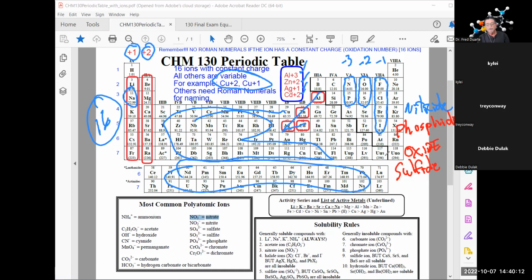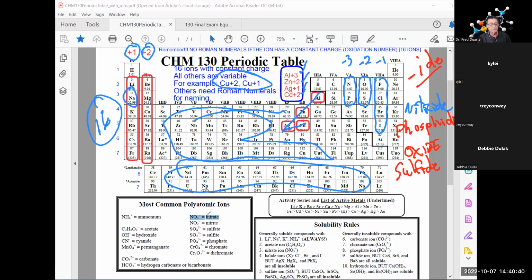Fluorine becomes fluoride, chlorine becomes chloride, bromine becomes bromide, iodine becomes iodide. So we're changing the ending to have the -ide. The -ide should tell you that you're dealing with the anion of the nonmetal, and furthermore, you're dealing with just the atom itself, not multiple atoms around there.